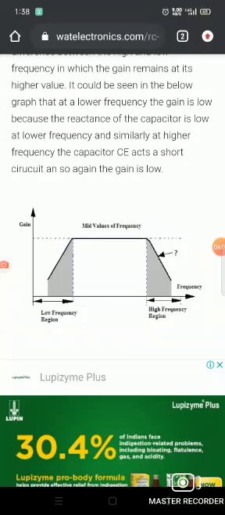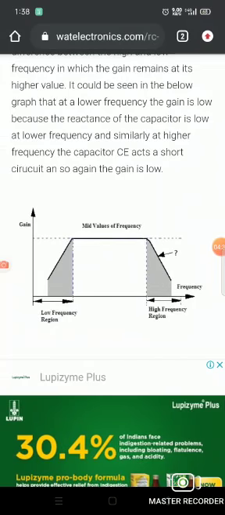This is due to the capacitor action, because at lower frequency the reactance of the capacitor is high. So the response at the lower frequency region has less information.